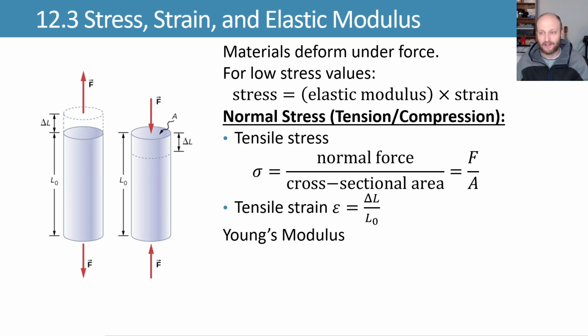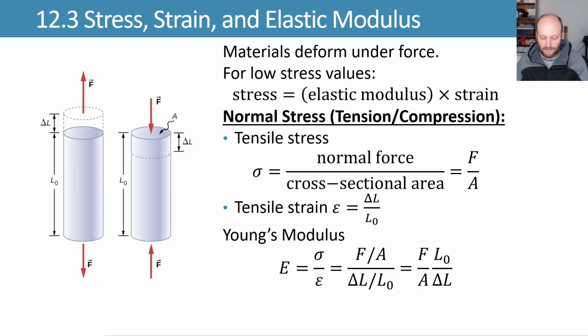We then say that Young's modulus is defined as the ratio of that tensile stress to the tensile strain. You can plug in what these are over here and get another relationship here if you so choose. So rearranging this, we can say that our tensile stress is equal to our elastic modulus, which is Young's modulus, times our strain.